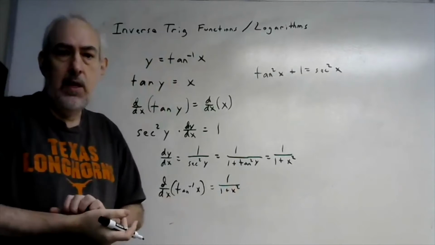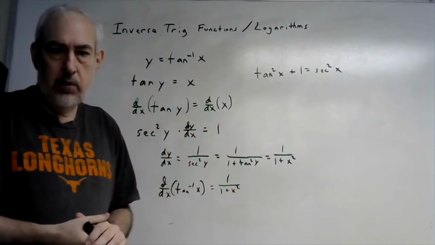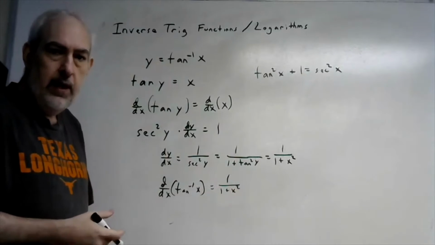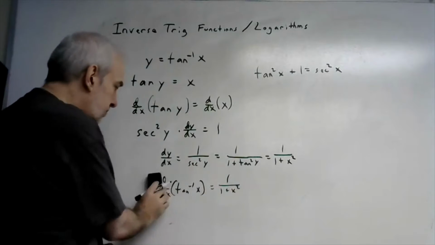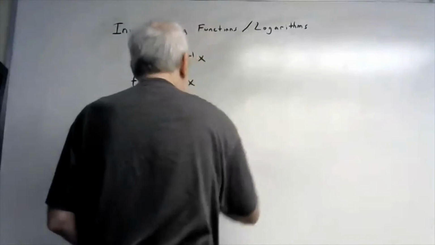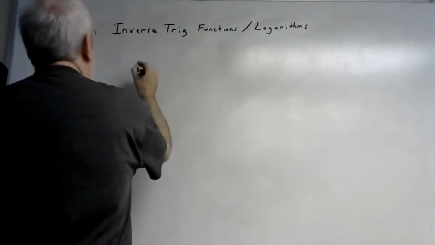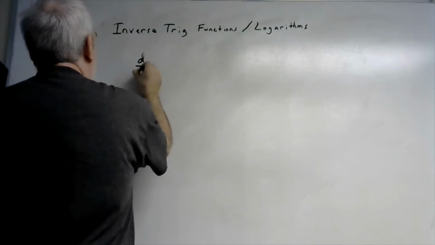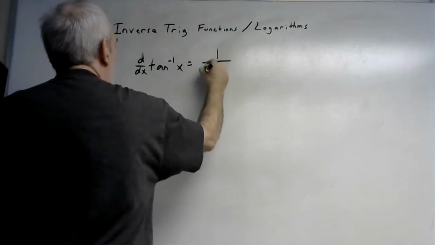All right. Now, like I said, I'm not going to prove all the rest of them, although I will write them down real quick. So let's write down all of the derivatives of the inverse trig functions. We'll start off with the one I just proved. The derivative of inverse tangent is 1 over 1 plus x squared.